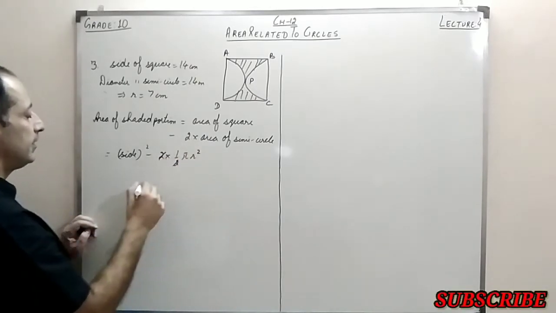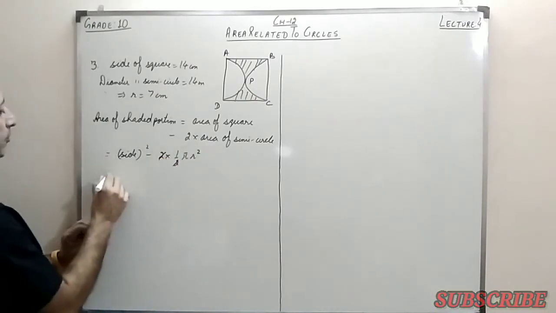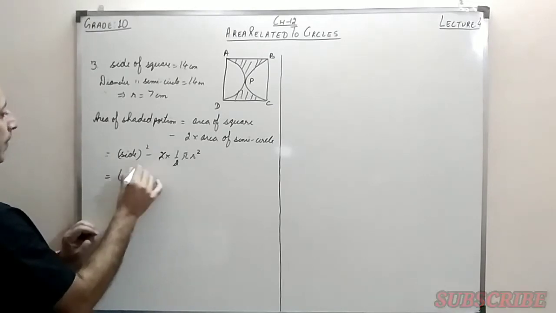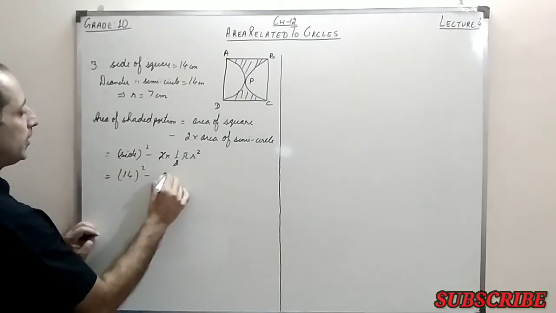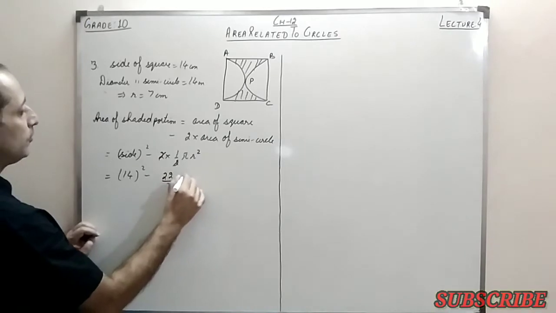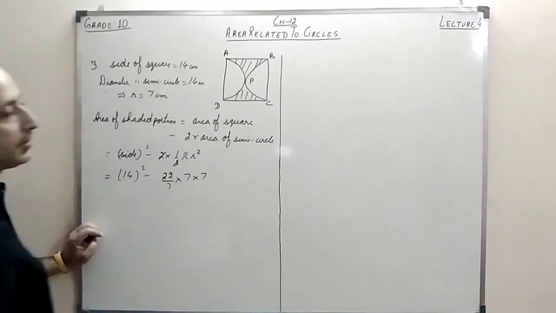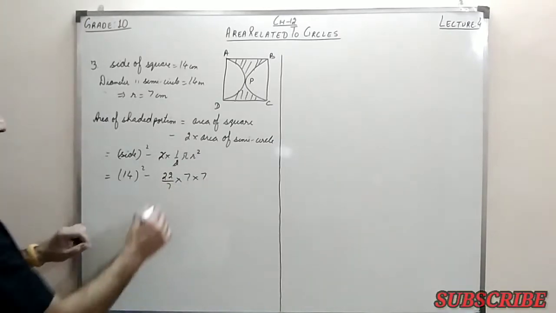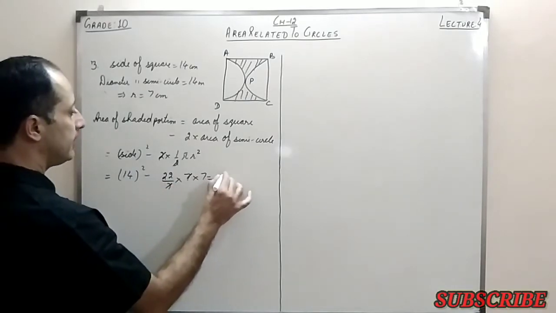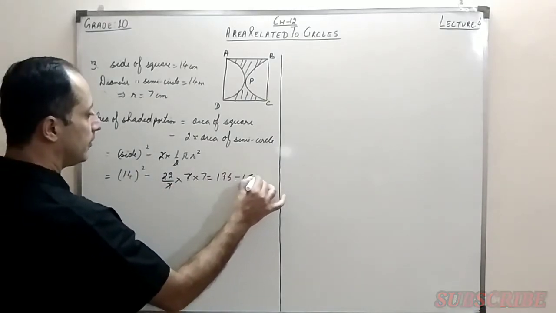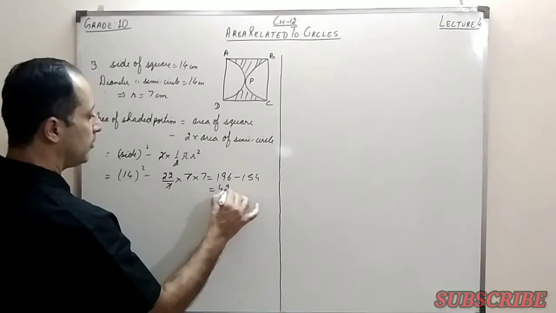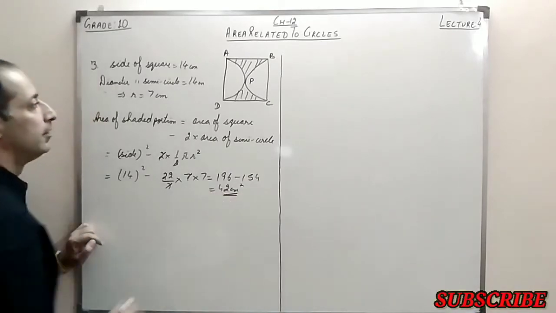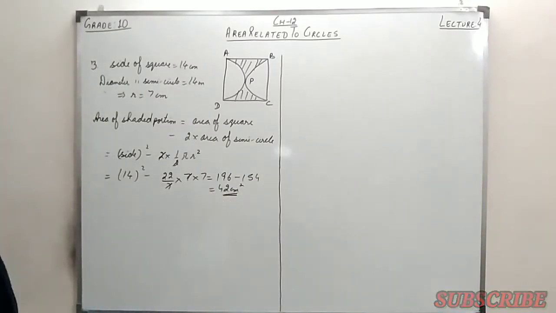So this 2 cancels and then you can substitute the value. This is 14 square minus 22 by 7 into 7 into 7. So quite simple. This 7 cancels out. This is 196 minus 154 and we get it as 42 centimeter square. Right? Let's go to the next question now.